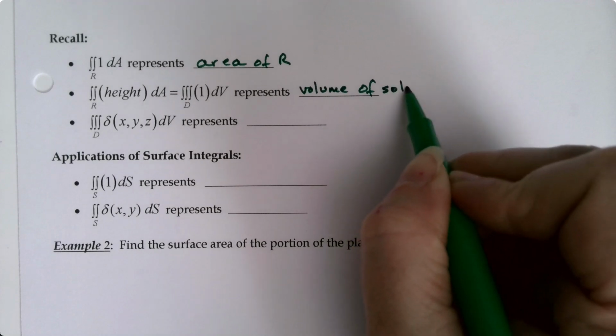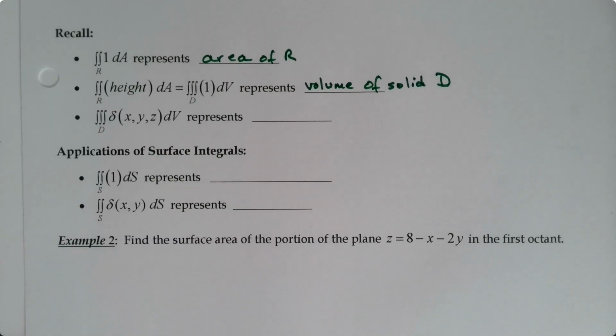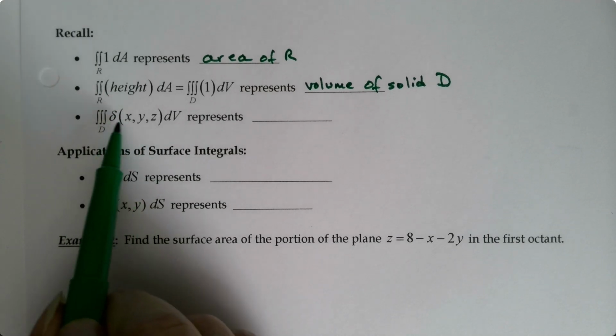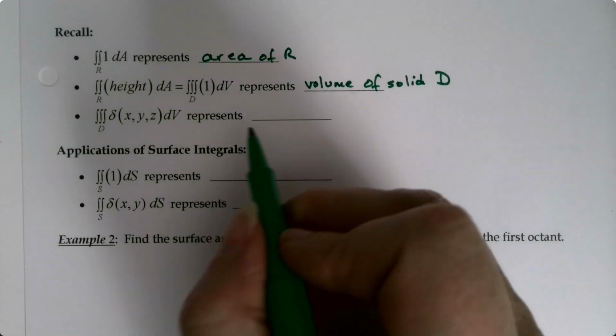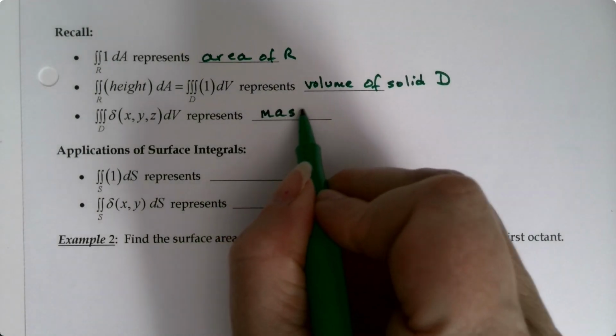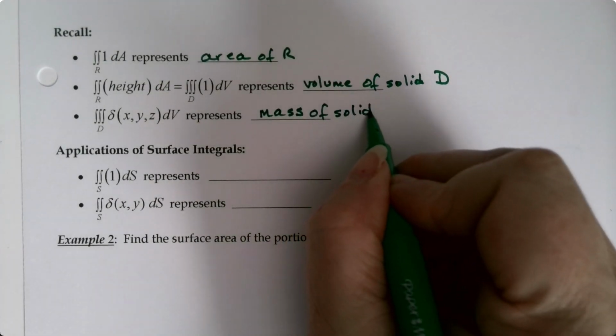Technically, it's of solid D, right, because D is right there. All right, and then we learned that if we took the triple integral of density over volume, that represented mass of the solid D.